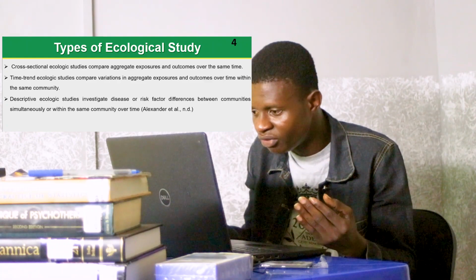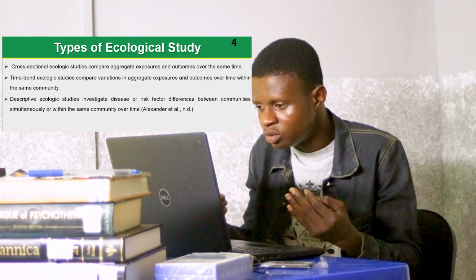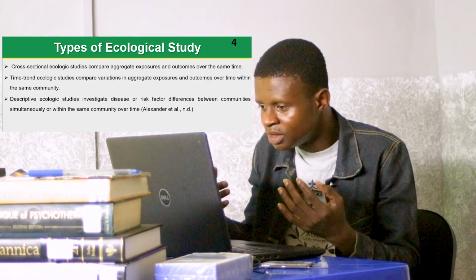Then also descriptive ecologic study to investigate disease or risk factors between communities simultaneously. So everything here is like a cross-sectional study, but here we are using the population, a large number of people, to do that.